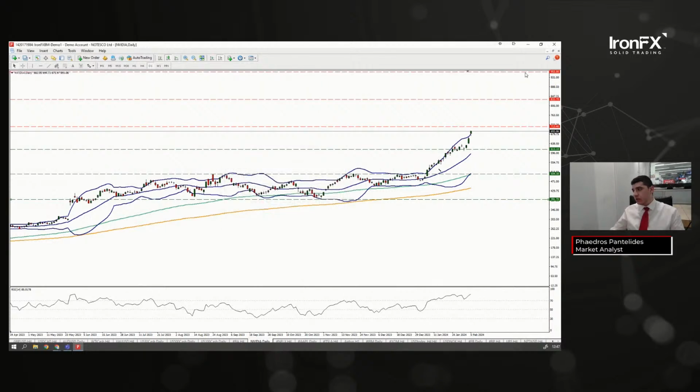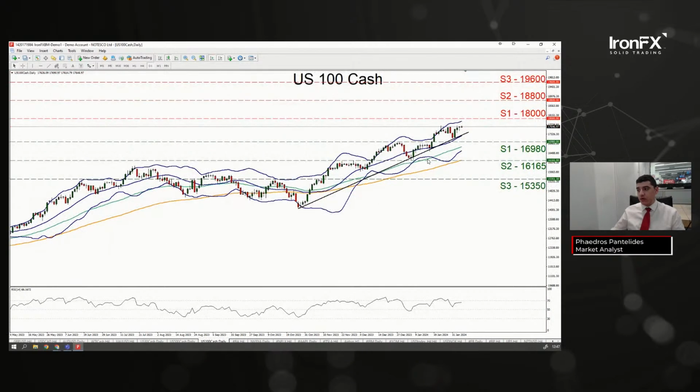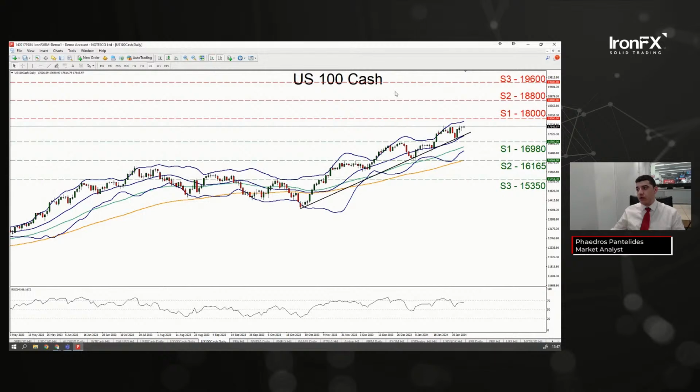Roughly an equal distance between S1, S2, S3, and then R1, R2, and R3. Overall appears to be moving in an upwards fashion, yet 85 overbought might be due a correction lower, which in turn could actually weigh on the Nasdaq 100 as well.